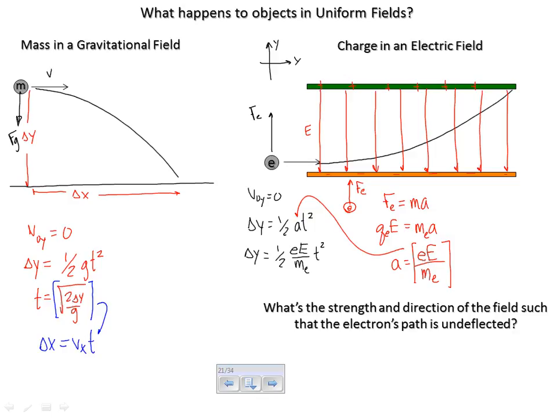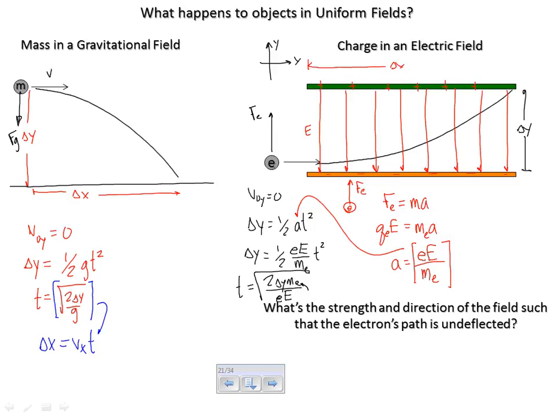Or the time it takes to get to the other plate, to cover that distance, if we call this our delta y, well, t is, let's see, the square root of 2 delta y m_e over e E. That's a subscript e right here, subscript. And, of course, square root. Right? And how far does it travel?